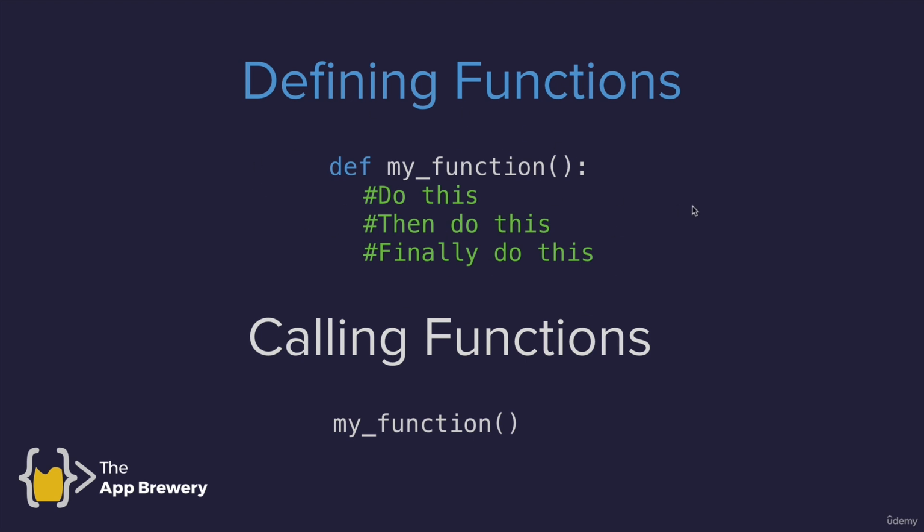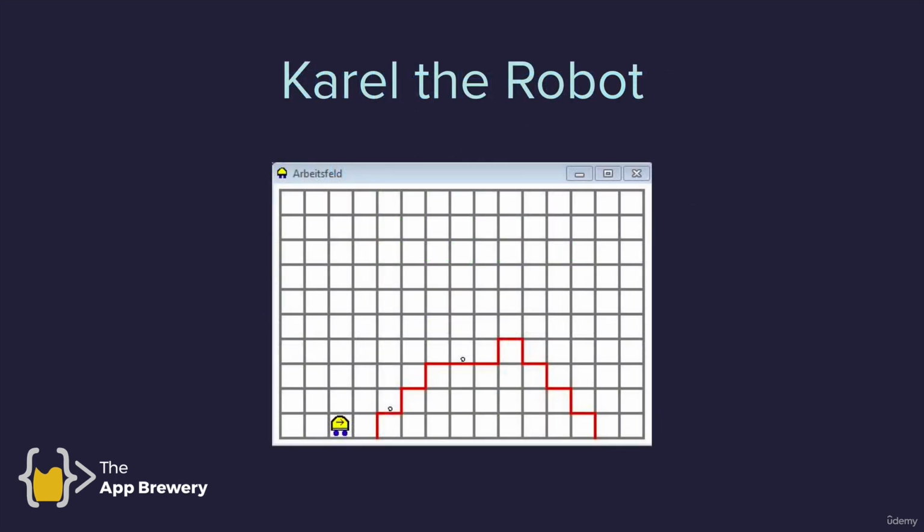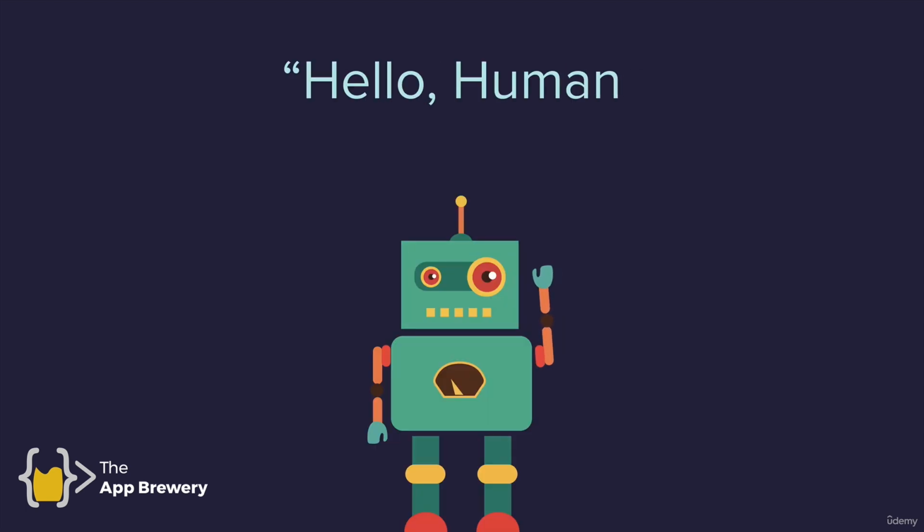And to learn about functions, I'm going to introduce you to something that's very similar to Karel the robot. The robot is going to be something that is just going to perform the tasks that we want it to, and no more and no less.